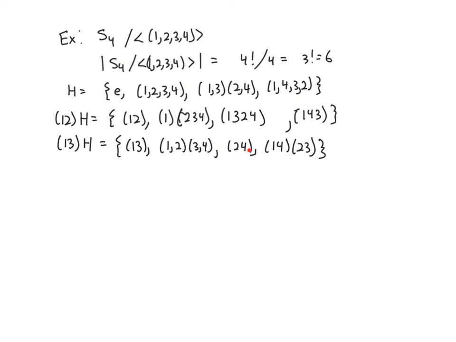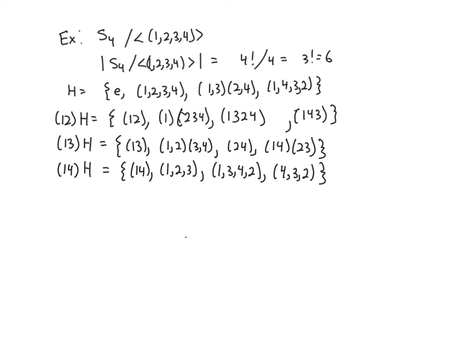I get (2 4), so I see that if I multiply by (2 4) for this coset, I'm going to get this coset back, so I'm not going to do that. So far I have 4, 8, 12 permutations out of 24. I still have my work cut out for me. I haven't seen the permutation (1 4) show up yet, so I'll try that one next. So after that calculation, I get these 4 permutations.